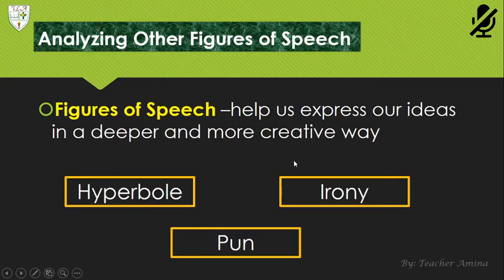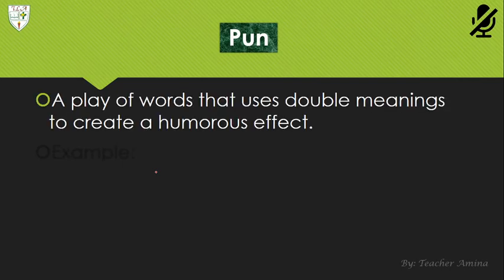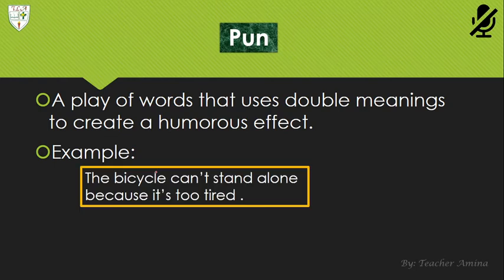Next we have pun. Okay, so pun means a play of words that uses double meanings to create a humorous effect. A humorous effect meaning making a joke. So for example, the bicycle can't stand alone because it's too tired. We know that a bicycle cannot stand alone. This can be a personification, but it is made as a pun.